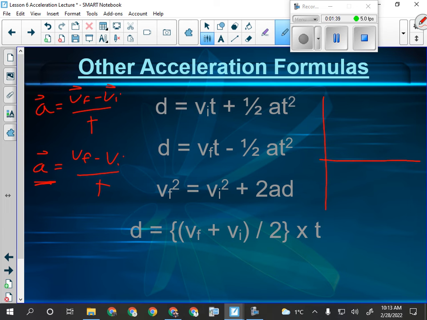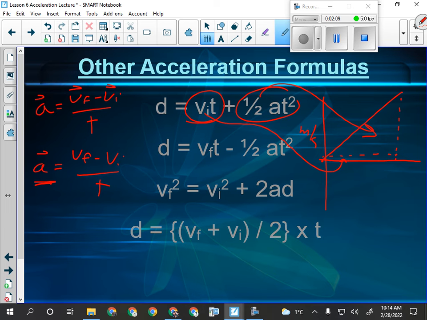If I had a velocity versus time graph that looked like this, basically what these two formulas are doing is calculating the area under the line. This first one, VI times T, calculates the area of the rectangle, because the base would be VI and the height would be T. And then this triangle here is calculated by the 1/2 AT squared.